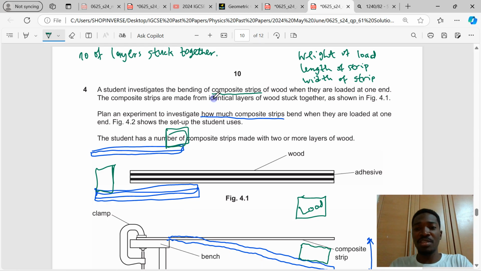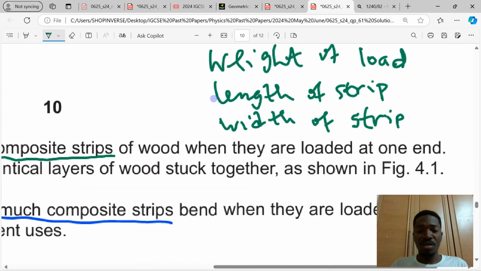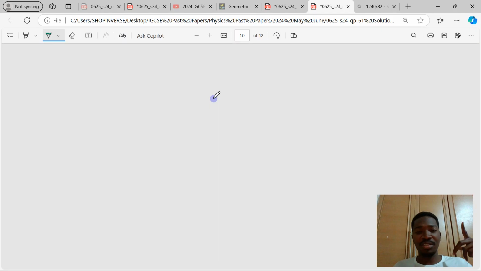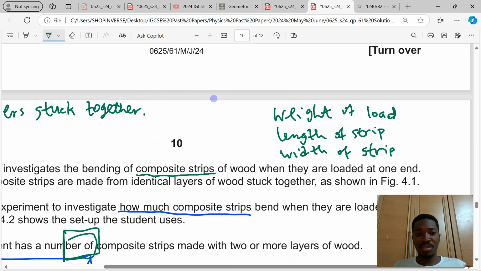You can also plan the experiment in terms of the weight of the load. Okay, so when you are performing these experiments, one value will be increasing. While one value is increasing, you are checking the effect it has on another value. Okay, that's how you perform physics experiments.